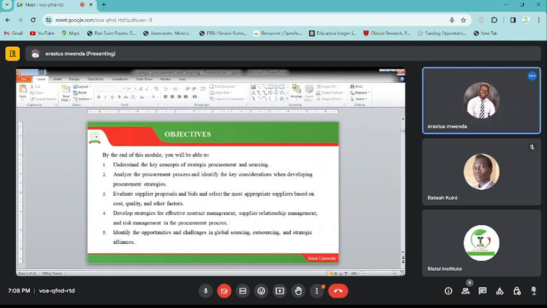So you are highly welcome in this lecture today. The reason why we are intending to understand strategic procurement and sourcing is that once you understand this particular concept, then within organizations, you are able to negotiate better prices. Remember, sourcing is all about the prices that you get for your products.